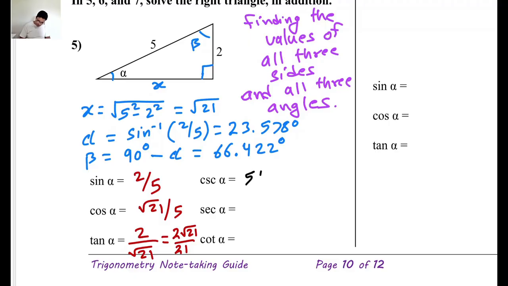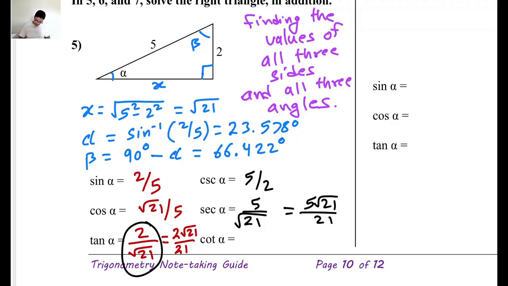Cosec alpha will be 5 over 2. Sec alpha will be 5 over under root 21, so that will be 5 under root 21 over 21. And cot alpha would be under root 21 over 2. Right?